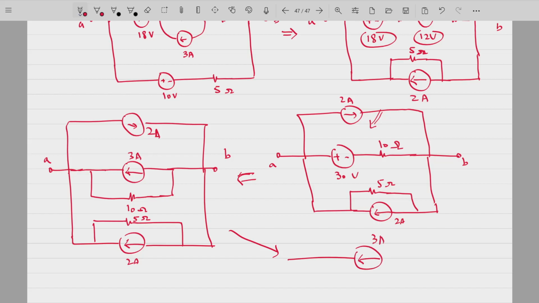तो ये 3 amperes आ गया in parallel with 3.33. So ये current source है in parallel with resistance. So this is just simply your Norton's equivalent circuit.